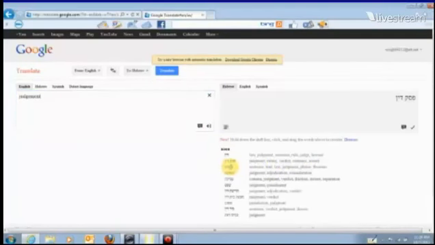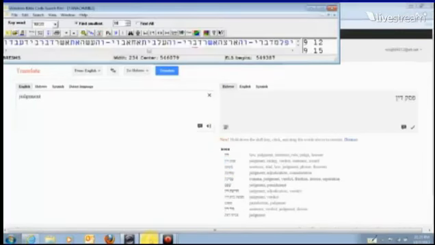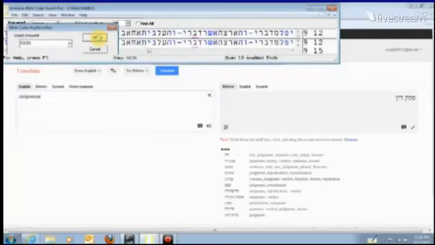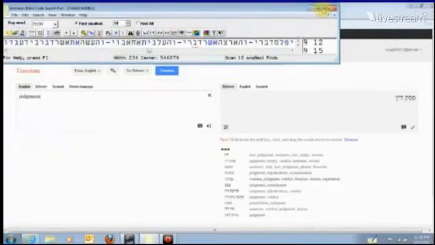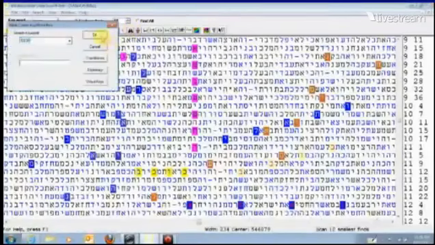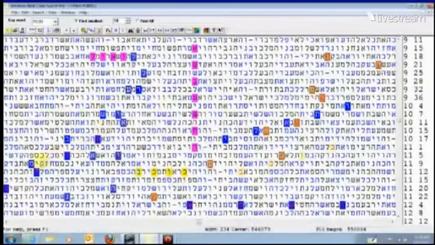It is a mem, shem, kuf, kuf, tit. And there it is there.